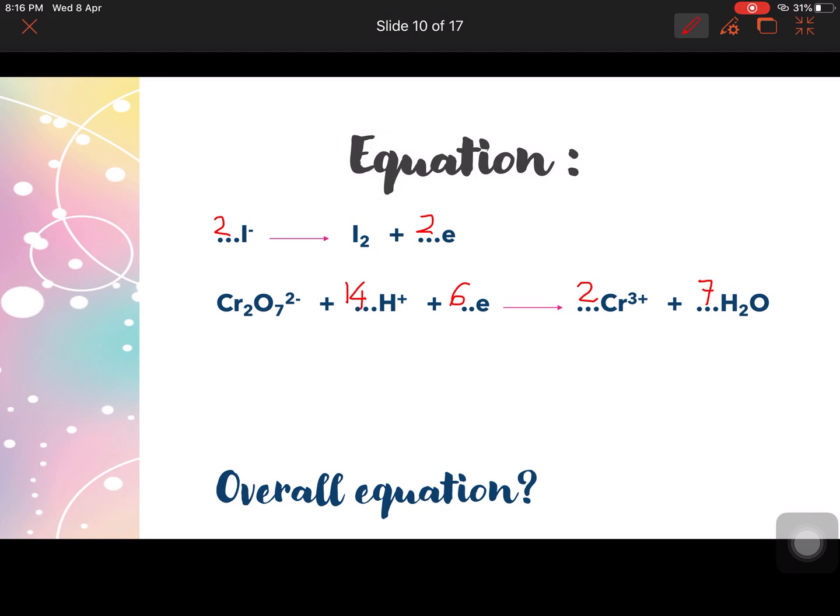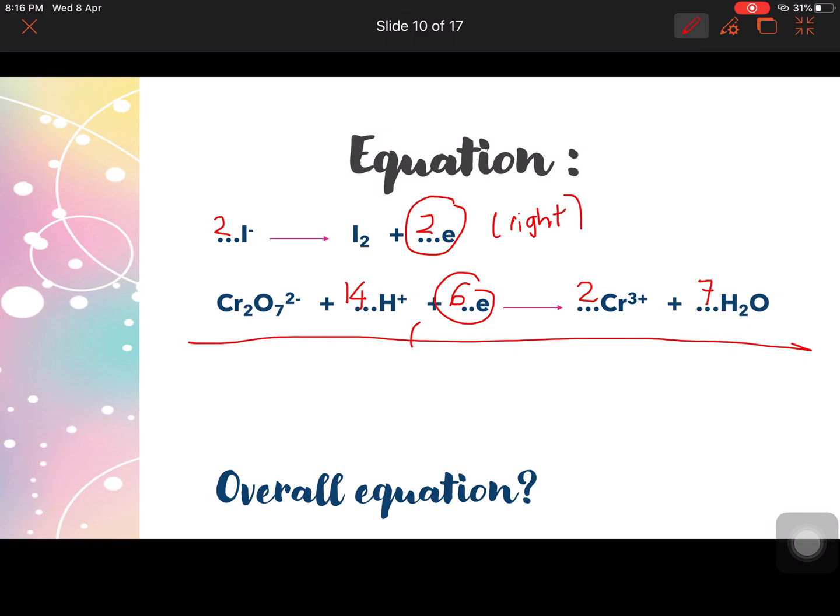So, kalau nak buat overall equation, remember you just make sure the number of the electrons are equal. This one is your right hand side. Right side. This electron is on the left side.